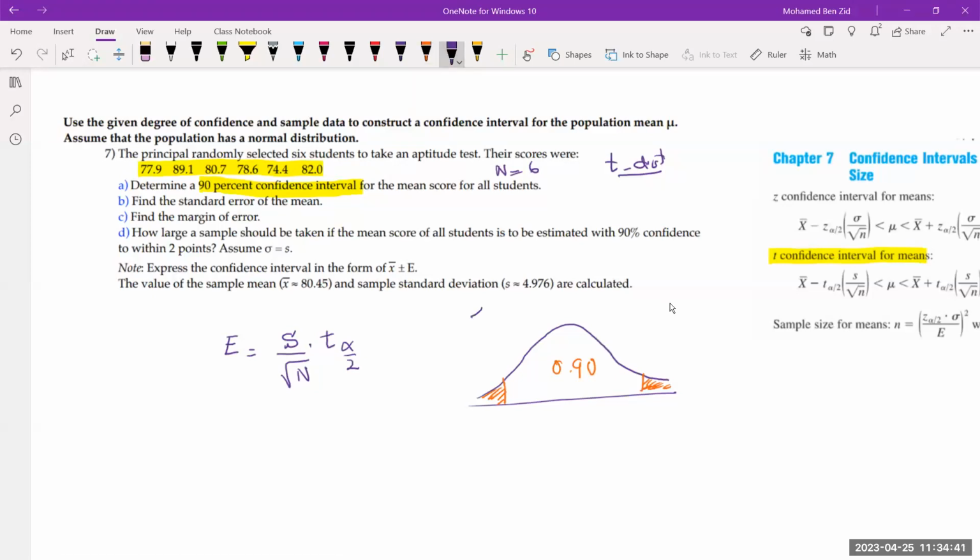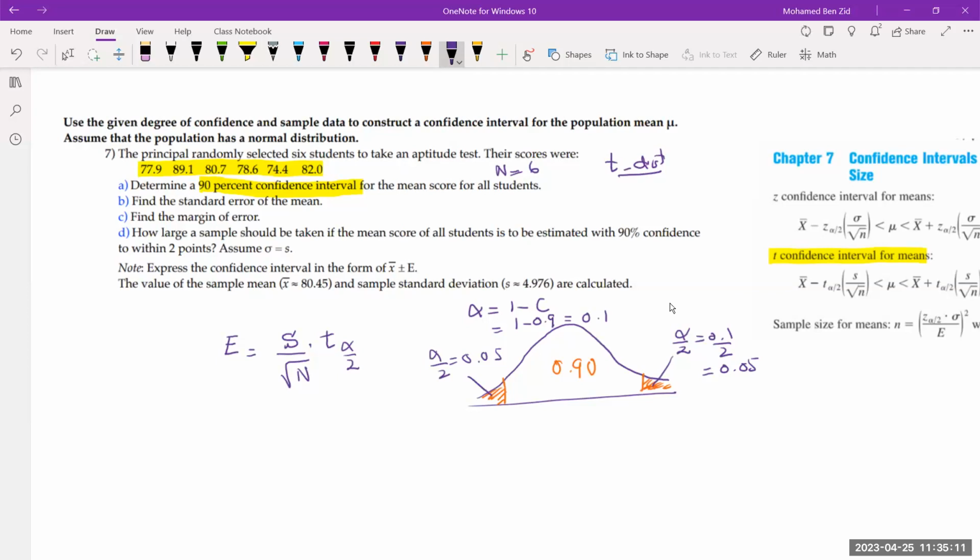Alpha is always 1 minus the confidence level, so 1 minus 0.9, which is 0.1. And this half of the tail is alpha over 2, so 0.1 divided by 2, which is 0.05. So alpha over 2 is 0.05. I hope this is clear, right?